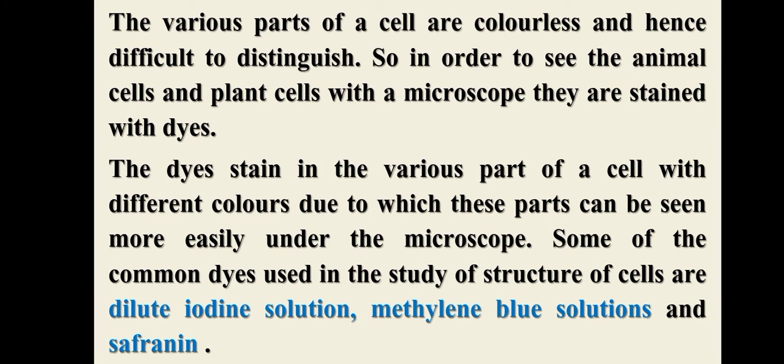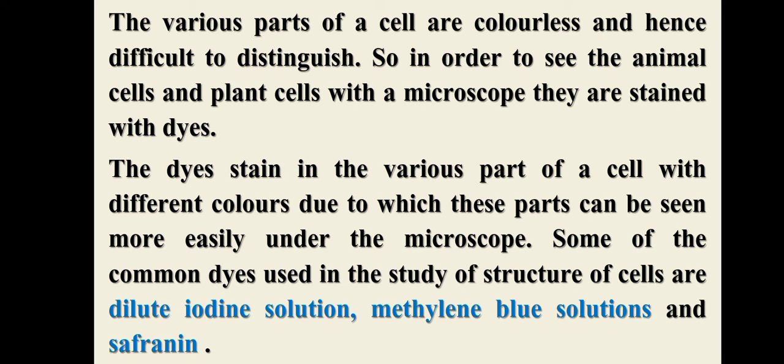The various parts of a cell are colorless and hence difficult to distinguish. So, in order to see the plant cell and animal cells with a microscope, they are stained, that means colored with dyes. The dyes stain the various parts of a cell with different colors, due to which these parts can be seen more easily under the microscope.